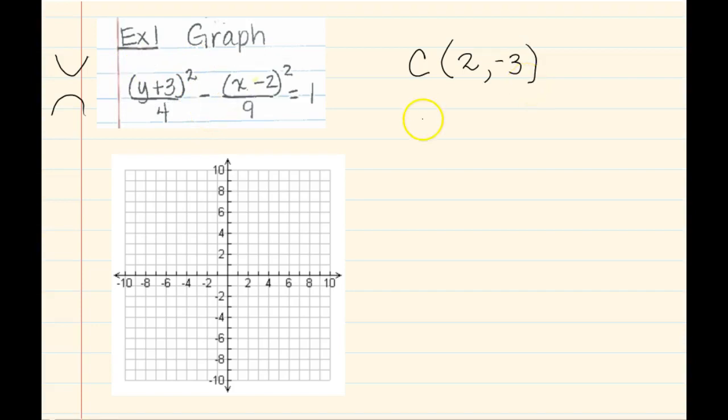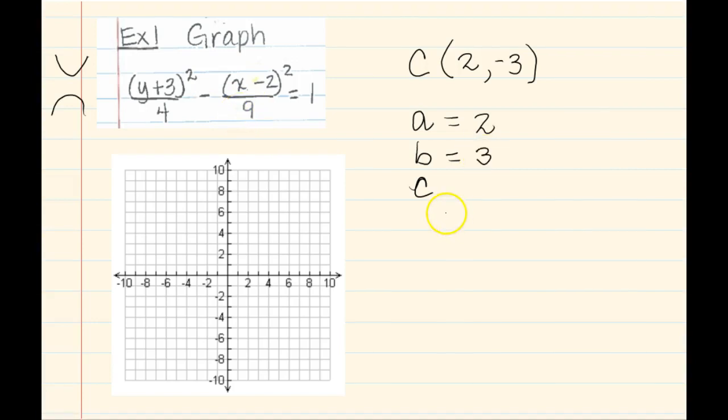The next thing we need to do is go find little a, little b, and little c. Notice that little a is always written first, so we're going to find that to be 2, because the square root of 4 is 2. We're going to find b to be the square root of 9, which is 3.